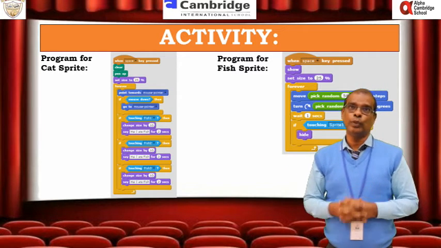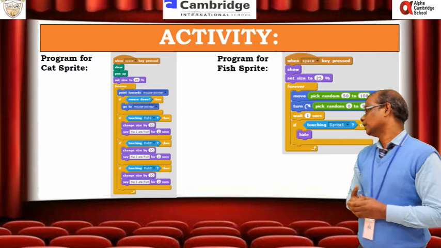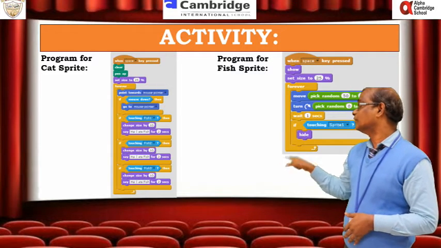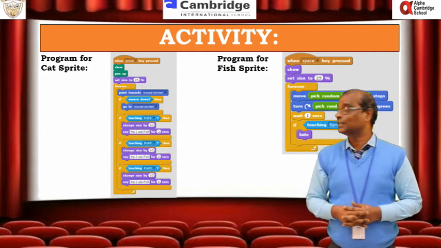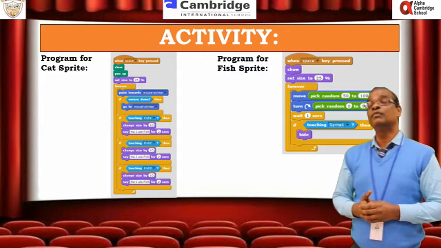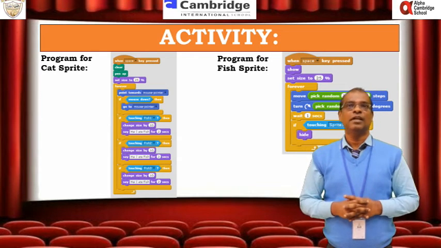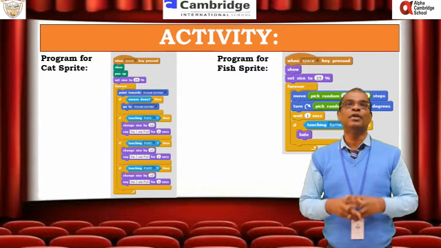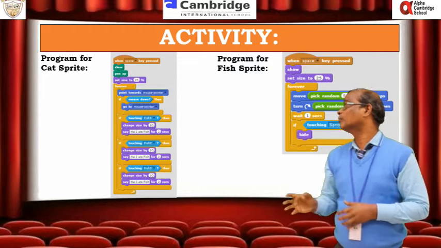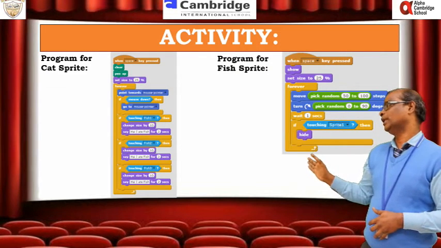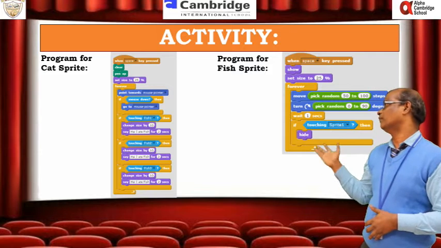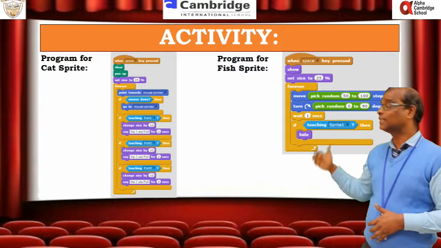Then the if condition is true, so the code inside the if will be executed. What is inside? Hide. That means the fish will be eaten. So we can take it as the fish being dead. It will be removed from the stage. That is the coding belonging to the fish sprite. The same set of coding we can replicate for the second fish as well as the third fish.